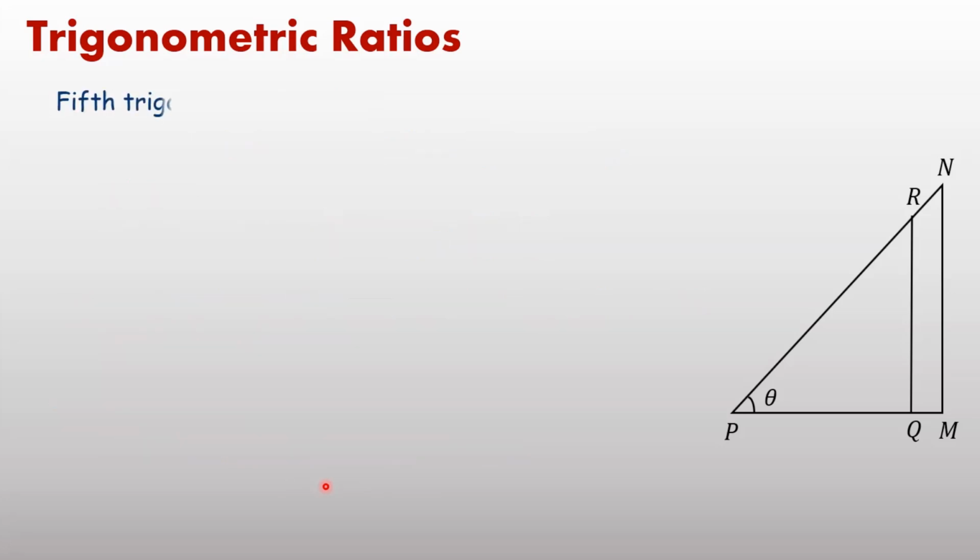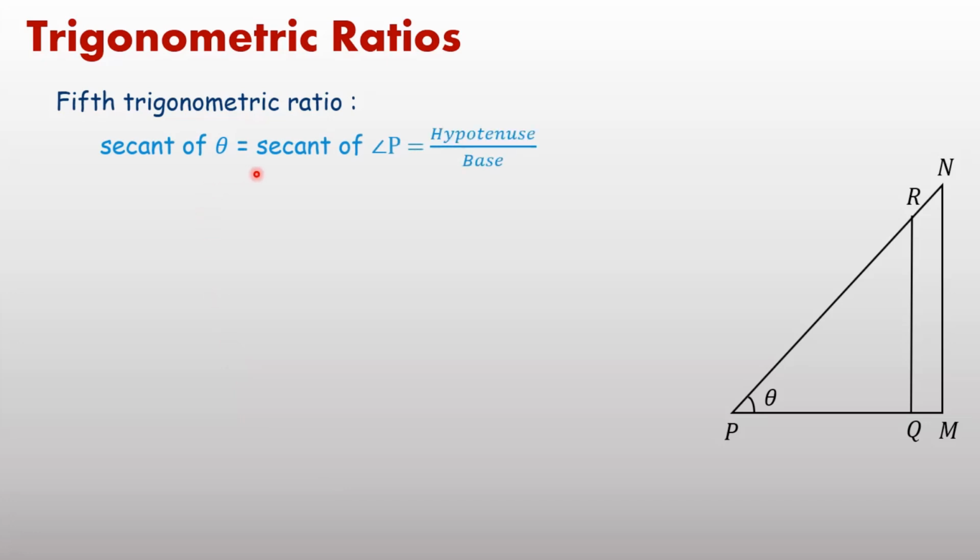Now fifth, secant of theta or secant of angle P means ratio of hypotenuse and base, which is the reciprocal of cos. Because the ratio of base and hypotenuse we have discussed as cos theta.